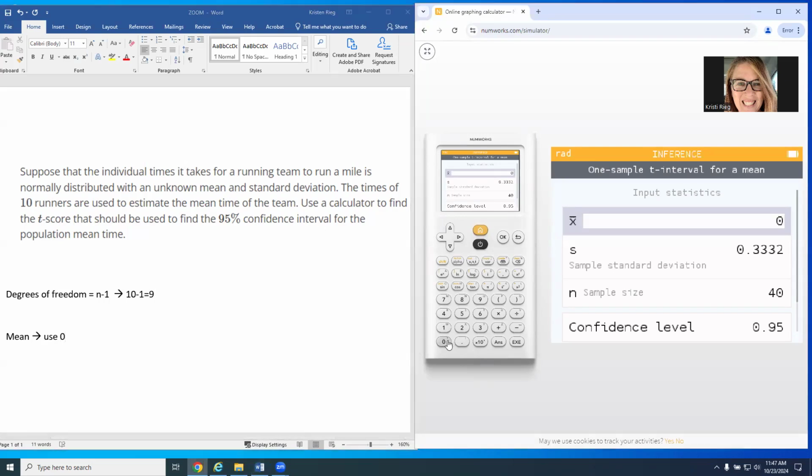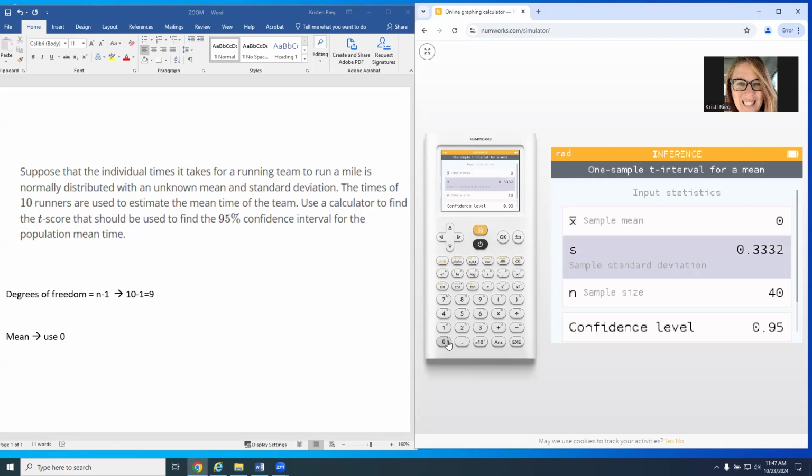This is just a special scenario when you're only given n and you're not given the mean or standard deviation. And we don't have population or sample anything. We're just estimating the mean time of the team. For standard deviation, or S, we are going to use the square root of n.